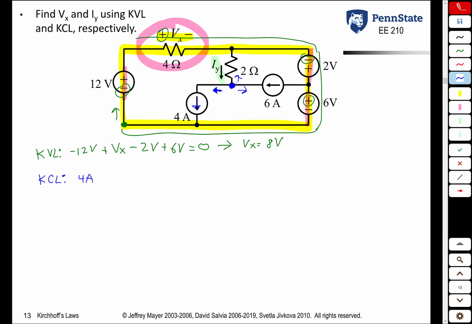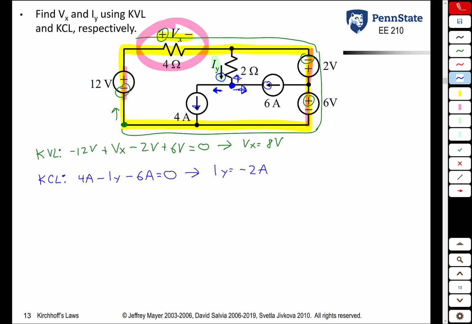The current going up through the 2 ohm resistor is Iy, but because I hit the current arrow first, it's minus Iy, since I'm summing the currents out of the node. The current to the right is a 6 amp source, but I hit the current arrow first, so it's minus 6 amps. So we get 4 amps minus Iy minus 6 amps equals 0. Solving for Iy, you get Iy equals minus 2 amps.